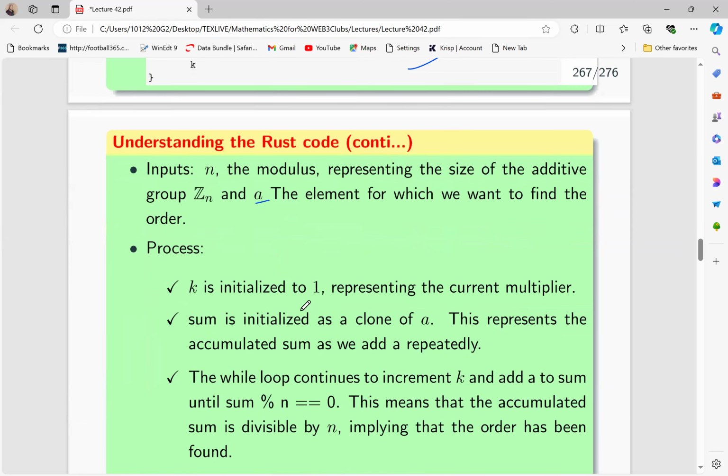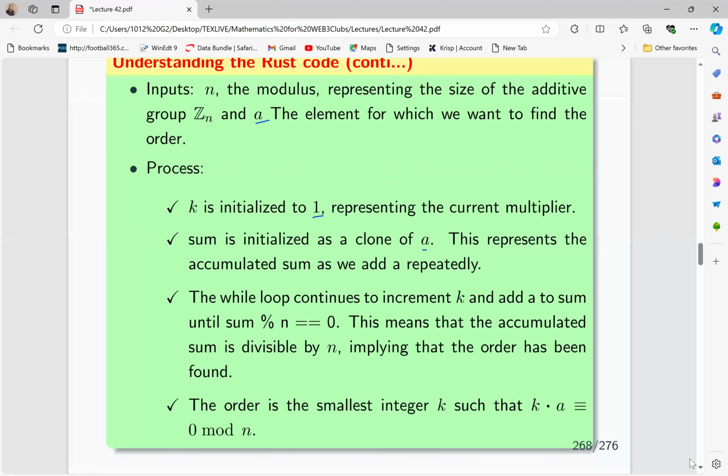I've said it then makes the initial k to be 1. And then the sum is also initialized to a. Just make its initial value, the sum, to be a. And then the while loop continues so long as the sum is not equal to 0.